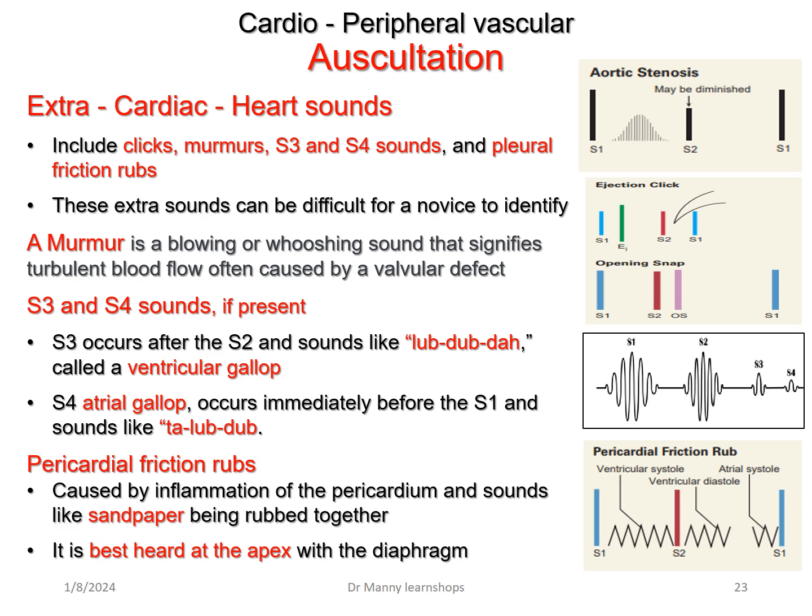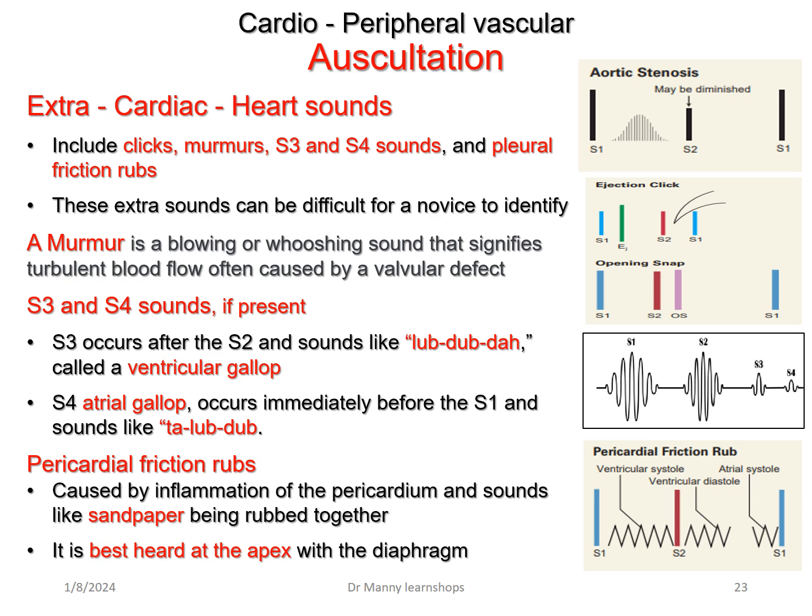You've also got pericardial friction rubs, and these are extra sounds that are very difficult, in most cases, for a novice to identify. A murmur is a blowing or swooshing sound that signifies turbulent blood flow, which is often caused by a cardiac valve defect.